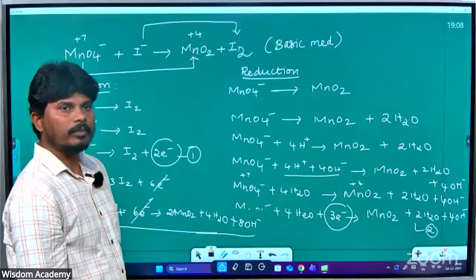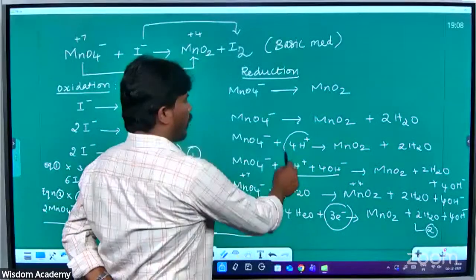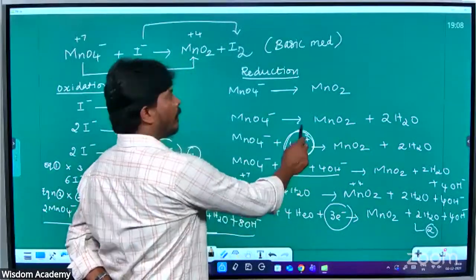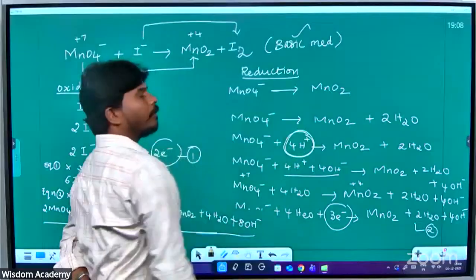Sir, one doubt. Yes, ma. In the step that you have underlined, the coefficient of OH minus should be equal to the coefficient of hydrogen. Yes. Here 4 H plus ions are present, but this reaction occurs in basic medium.